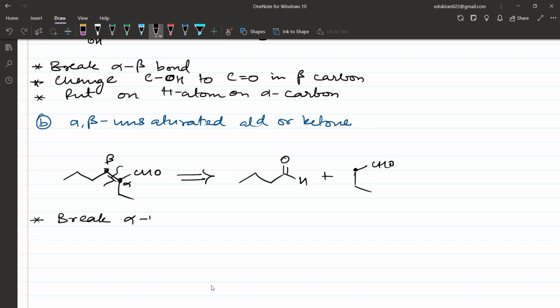Break the alpha beta double bond. Put double bond O on the beta carbon.